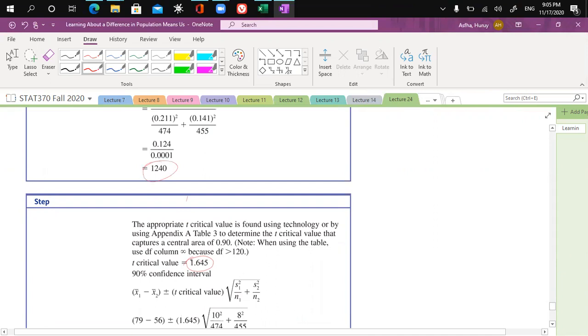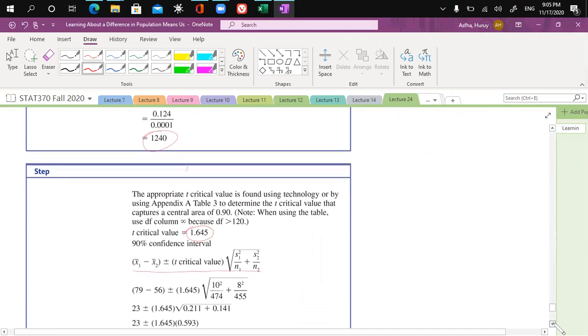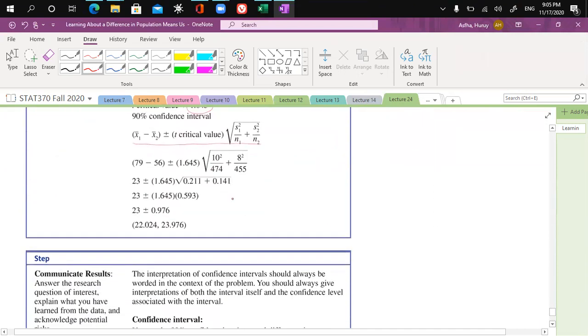Using this formula, we get the confidence interval of 22.024 to 23.978. So this is the confidence interval of the difference, mu1 minus mu2.